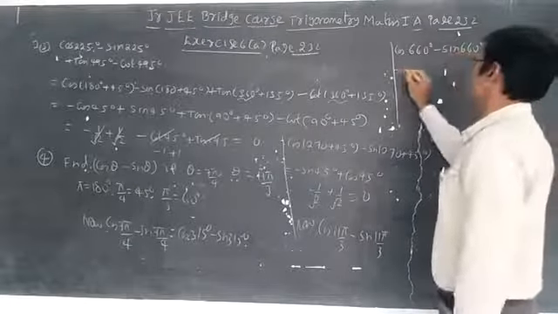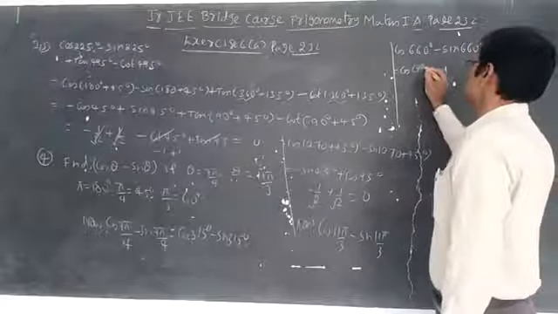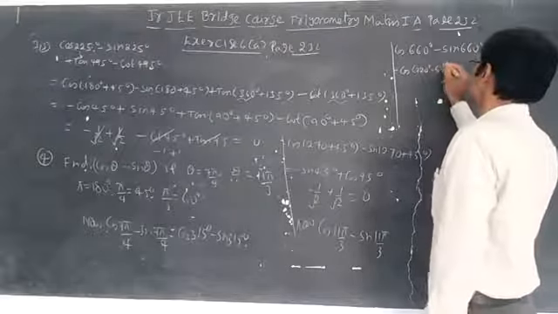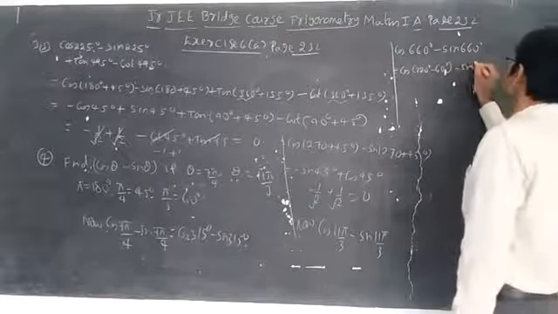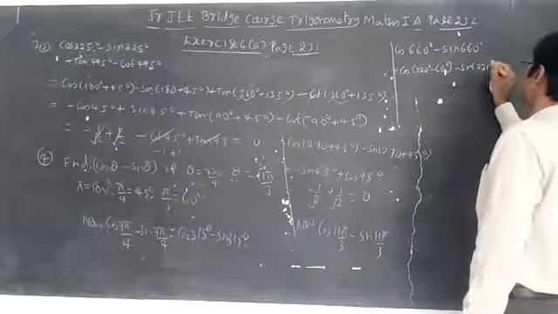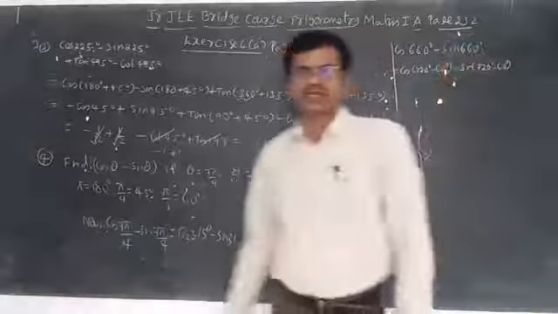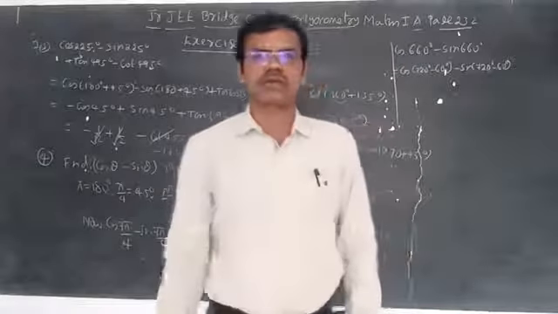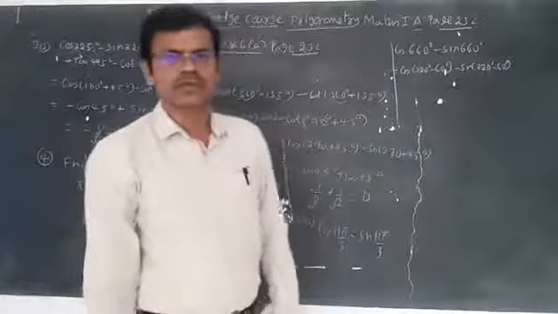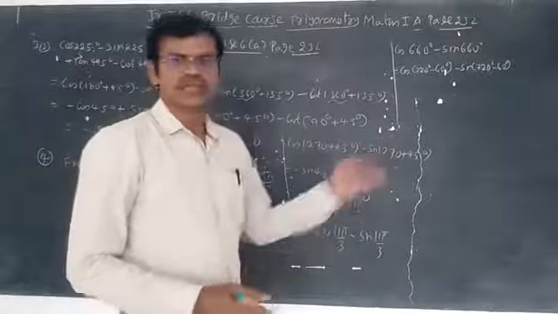We can write this one as cos 720 degrees minus 60, minus sin of 720 minus 60. So why are you writing 720? It is a multiple of 360, second multiple of 360, so you can write it is nothing but 0.